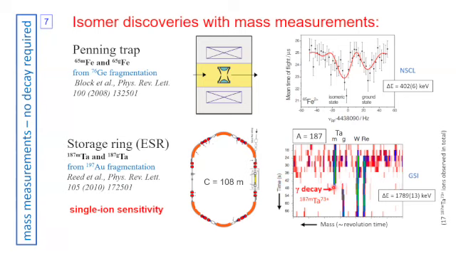And by measuring not just one ion, but, in this case, 17 of them, quite a good accuracy was obtained for the centroids of the trajectories, such that the energy of the isomer could be determined to be 1789 plus or minus 13 keV.